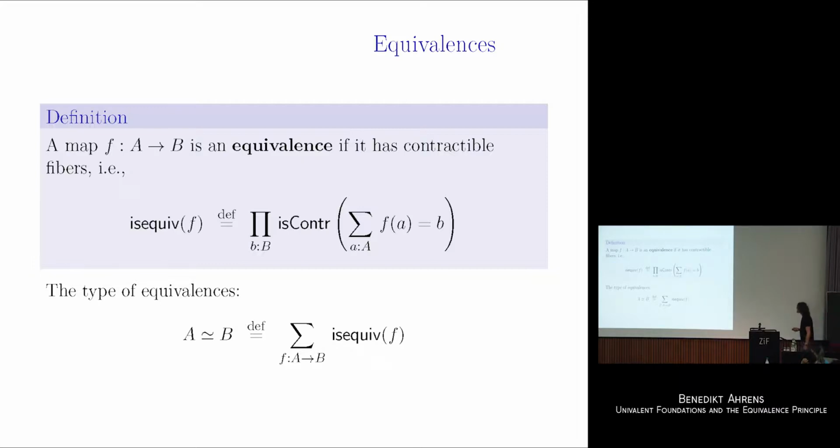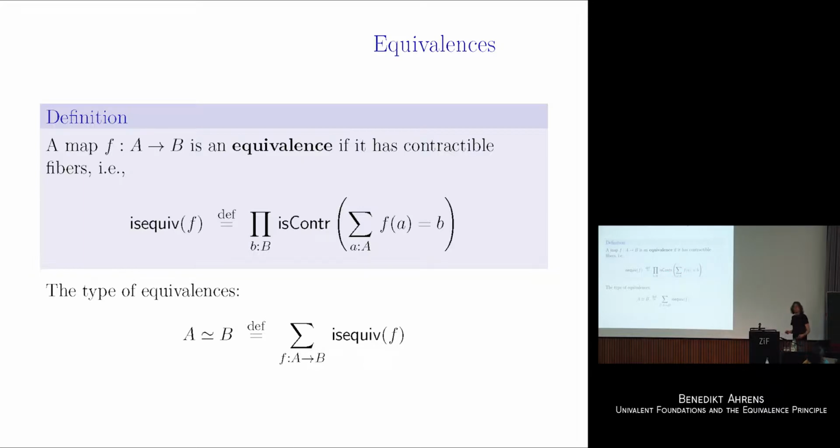What does that mean? We say that f is an equivalence by definition if for any b the type of elements of A that are mapped to b by f is contractible. Okay, so this is the fiber of f over b, and we want this type to be contractible.